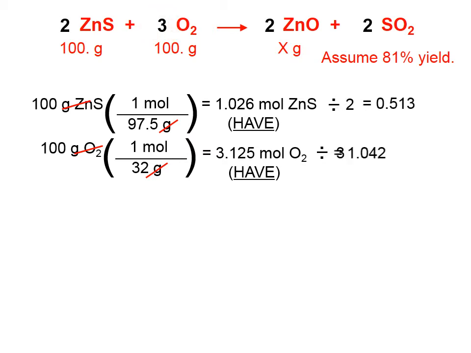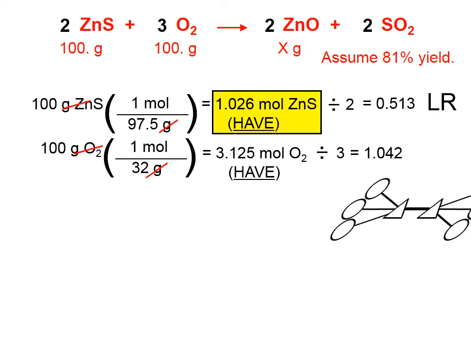If we divide each of those numbers of moles by their coefficients, we get these numbers. The smaller of those results indicates which of those is the limiting reactant. Now, we weren't asked to find the limiting reactant, but we know that we need to find the limiting reactant because the amount of product is based on the limiting reactant.